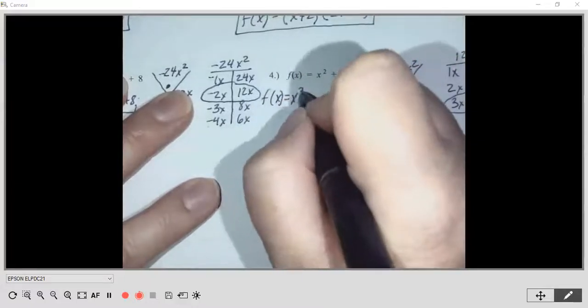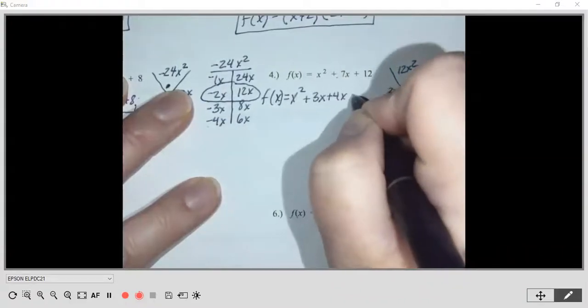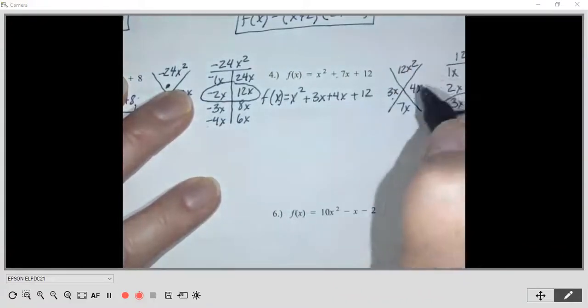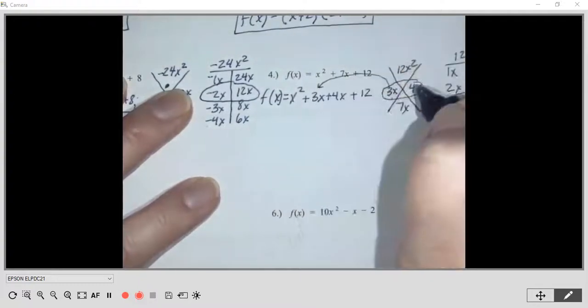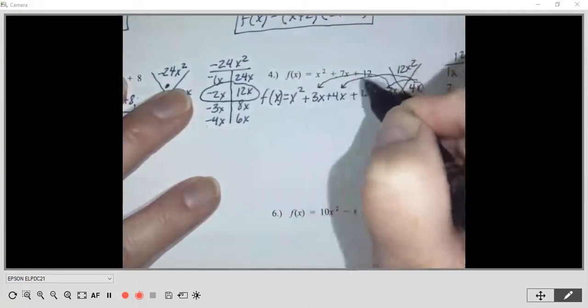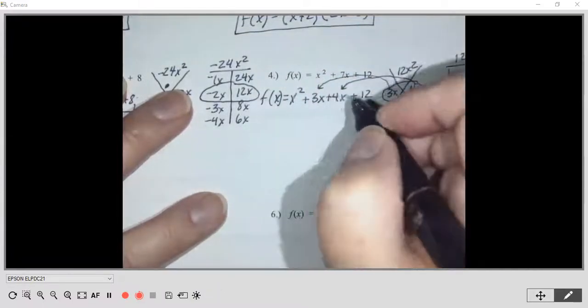So f of x equals x squared plus 3x plus 4x, and then bring down the plus 12. If it helps you, draw arrows to show where these numbers are coming from. They're coming from our factored x over here. So now I can factor by grouping.